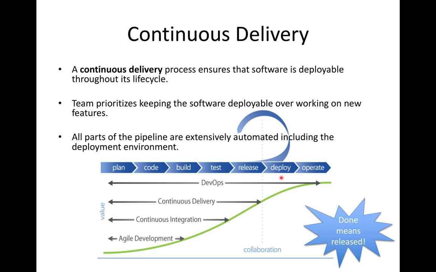But then somebody is manually involved in triggering a deployment into a production environment. There's one last gate, which is a manually triggered gate. In a continuous deployment process, there is no human intervention. Once the code has been checked into the repo, that code could end up in production automatically if it passes through all the different stages.